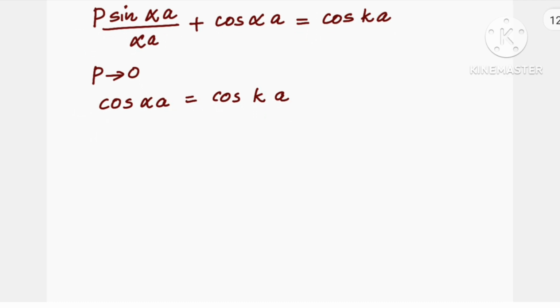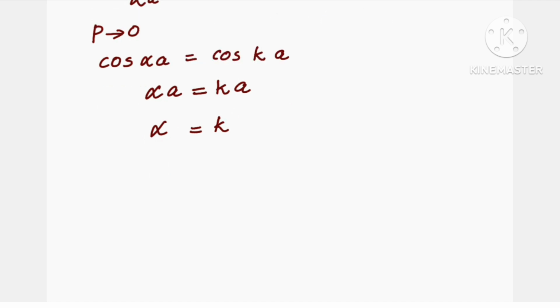From this equation, cos αa is equal to cos ka when αa is equal to ka. Then we can write alpha is equal to k, and then alpha square is equal to k square.